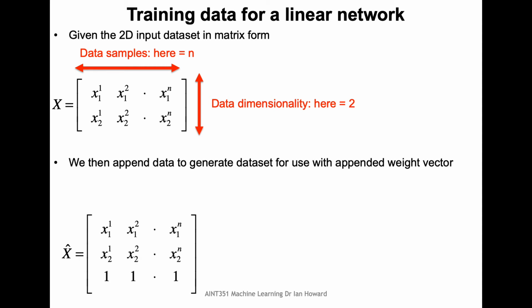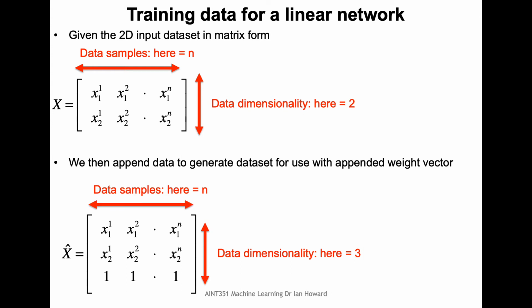In order to get the bias term into the weight matrix and make the algebra much simpler, we need to append the data so we can do calculations in matrix form. So we append the data vectors, and we now end up with a three-dimensional vector per sample, but the same number of samples.